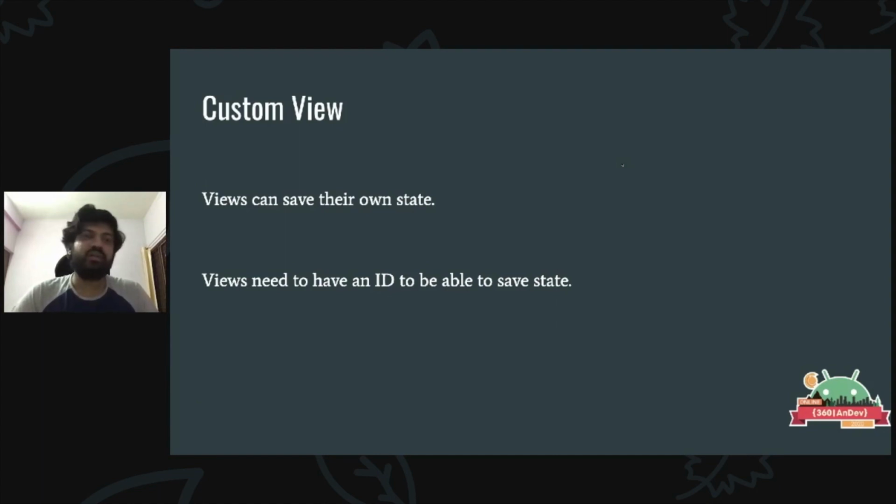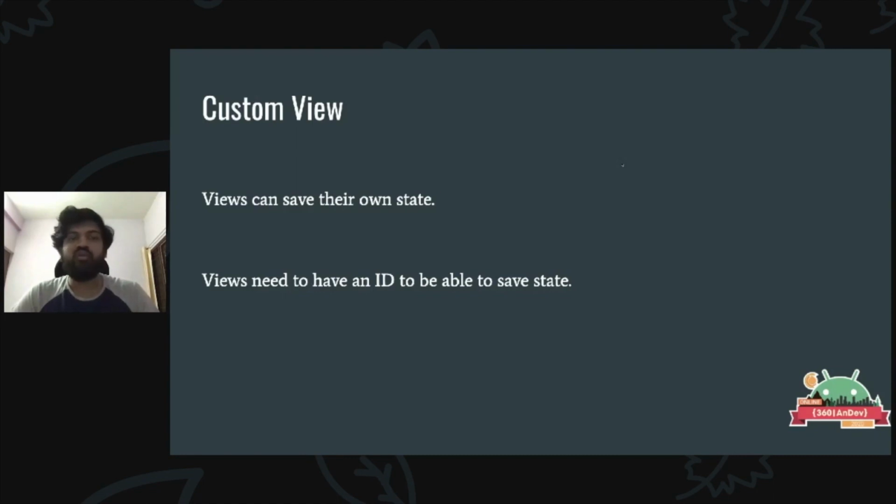If you take a look at the source code of most of the default views, you will see that they do handle state restoration. Some considerations, and these hold true for normal views as well: each individual view is its own responsibility to save its specific state.